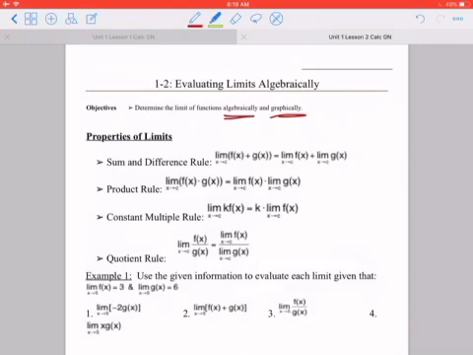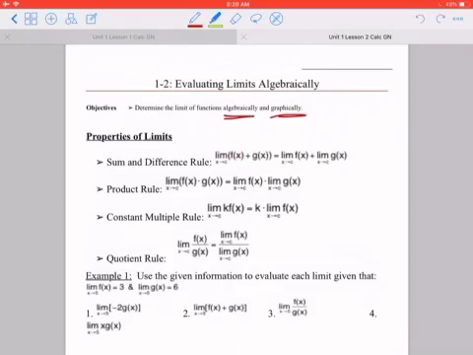And when you look at the properties of limits and their rules, you're going to see that you may have two functions, f of x and g of x, and those will be put together. So those are like two different functions, and you'll see an example below to help you with that. Okay, so first of all, the sum and difference rule, and these follow exponent rules and log rules very closely.